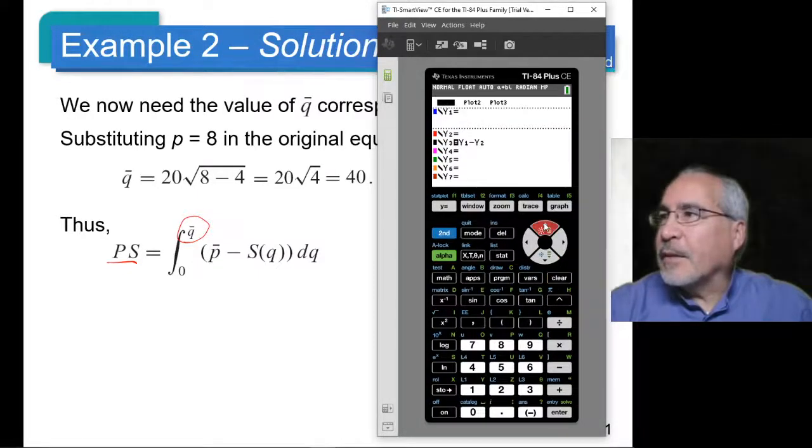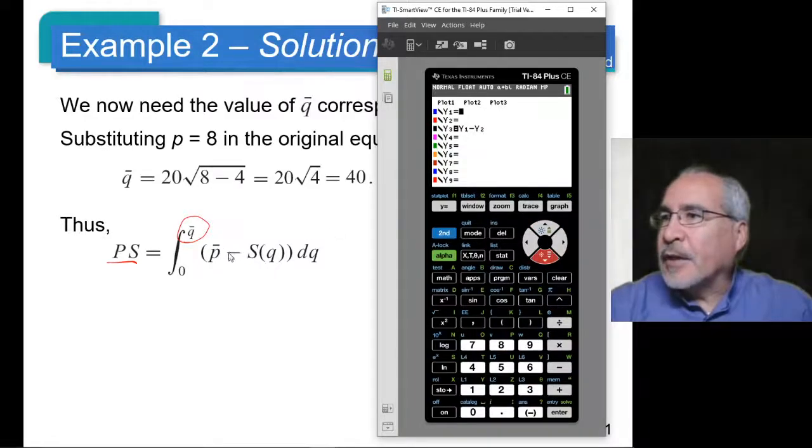Now I'm going to show you something you can do. Since we've got y1 minus y2, I'm going to put P bar in y1. You could do whichever you want. So I'm just going to put 8 there. That's P bar. And then I'll put the function here, which is 20 square root of x minus 4, right?